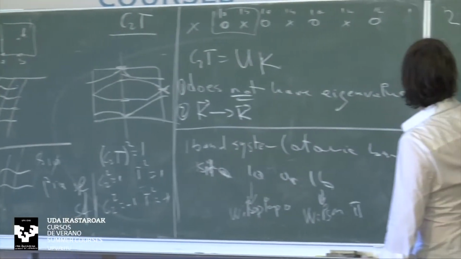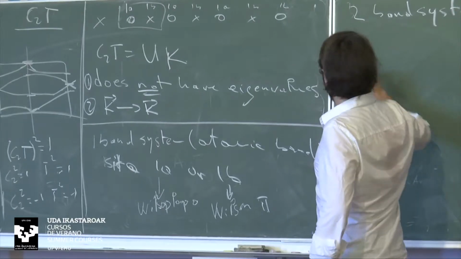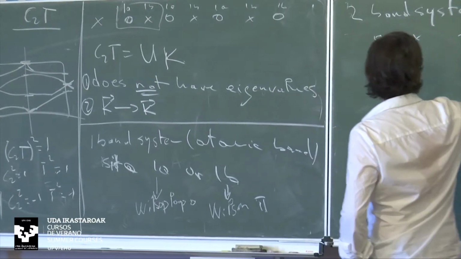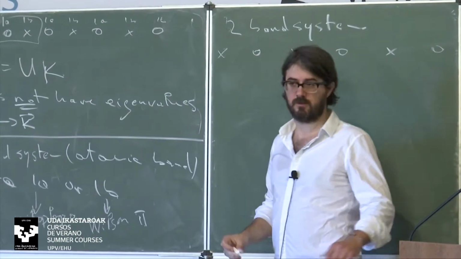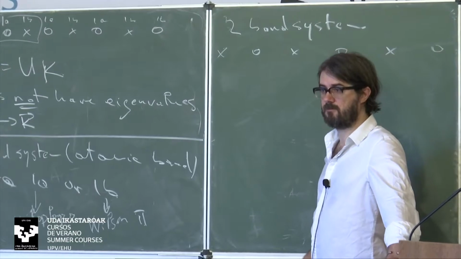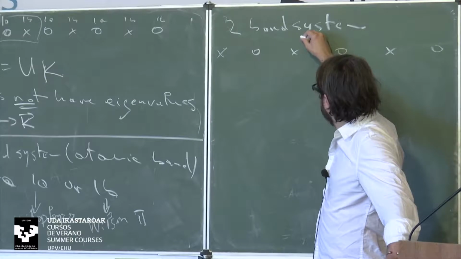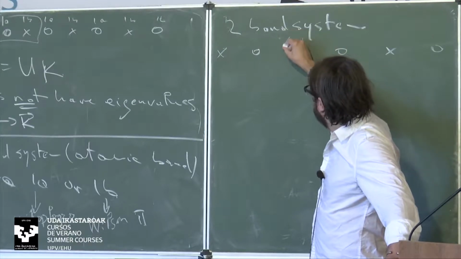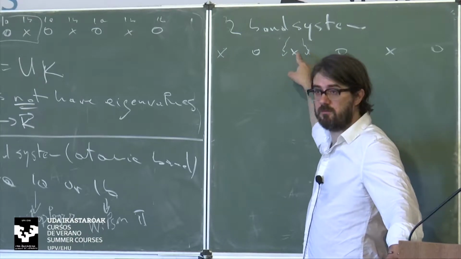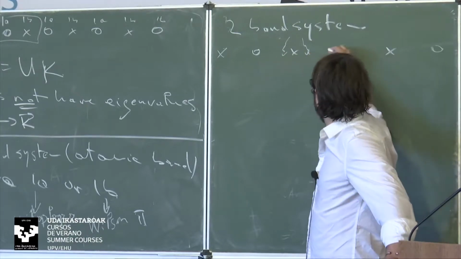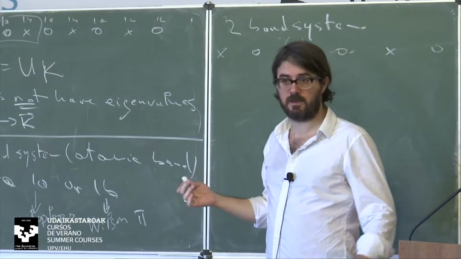So let's find out the structure of the bands. If I have a two-band system, where can these two centers of charge sit generically? Anywhere, exactly. They can sit somewhere here and somewhere here, as long as this is the C2 of this plus time reversal. Or they can sit here and here. They can sit anywhere.